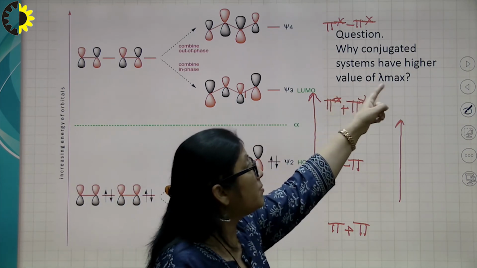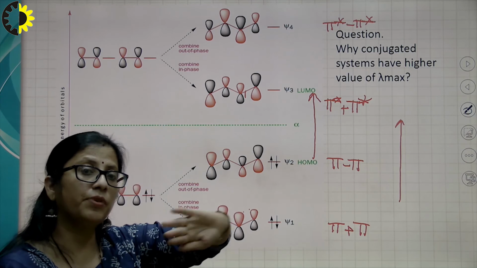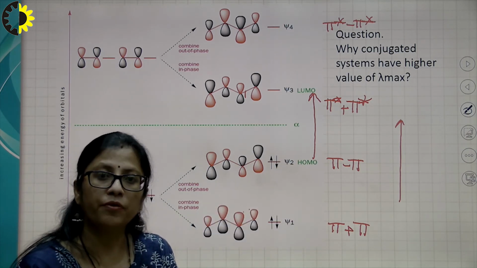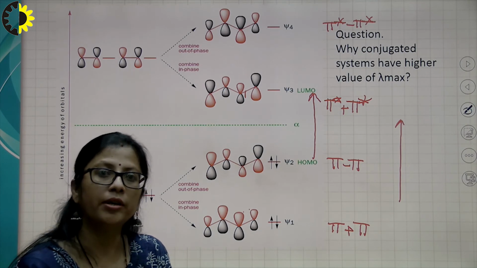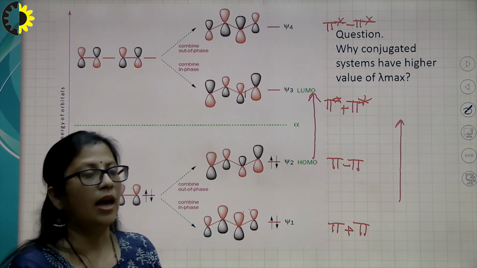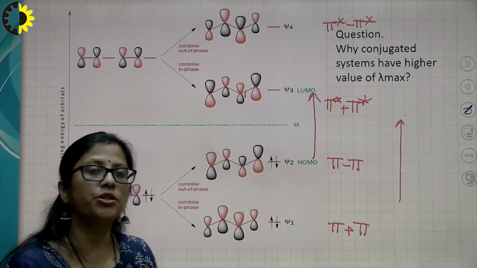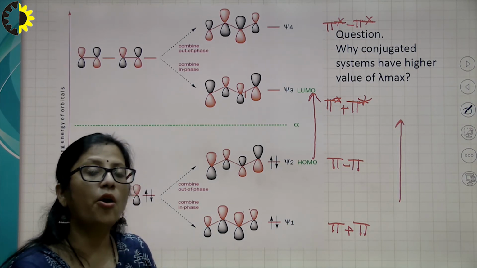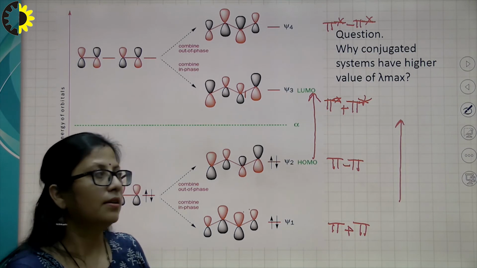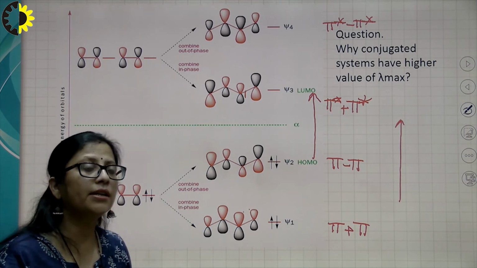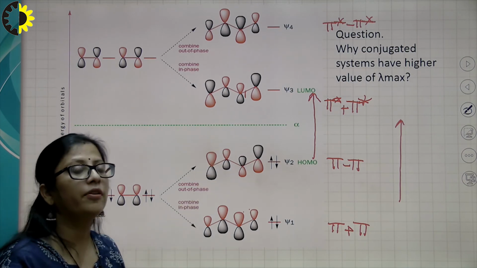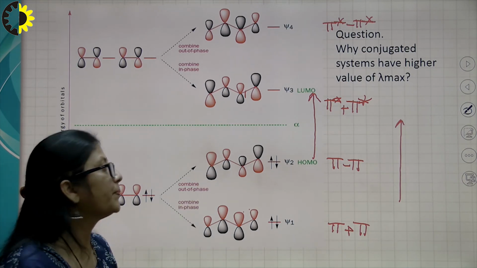The system which has the higher value of lambda max will absorb towards the longer wavelength or the shorter frequency or at lower energy. And when the systems are not in conjugation, they are going to absorb light of higher frequency, that is of higher energy. That is why the conjugated systems absorb at higher value of lambda max.